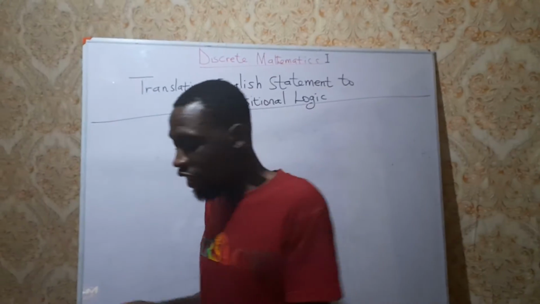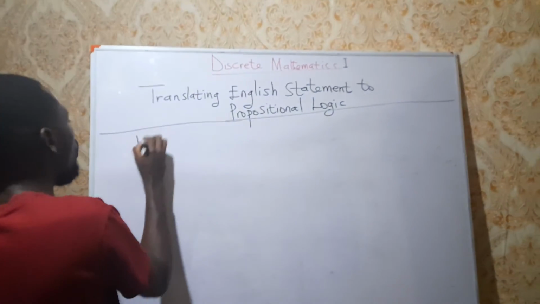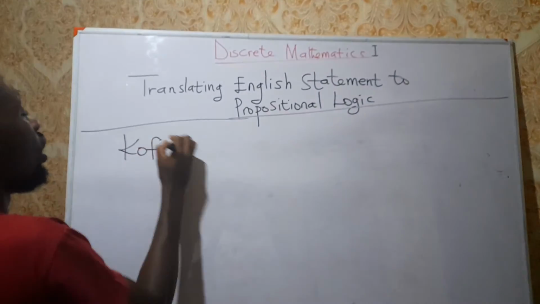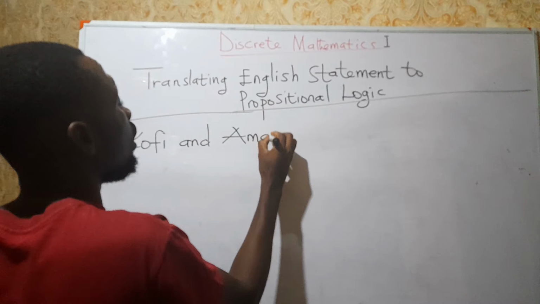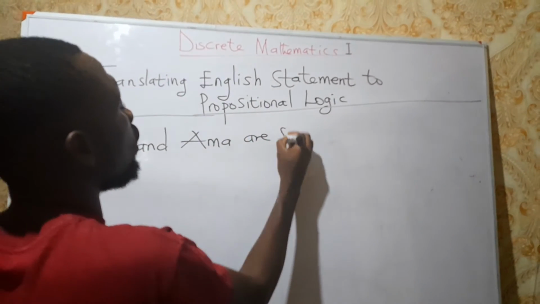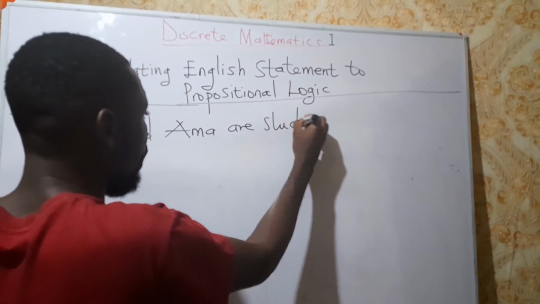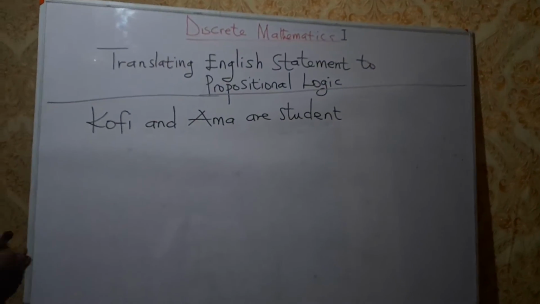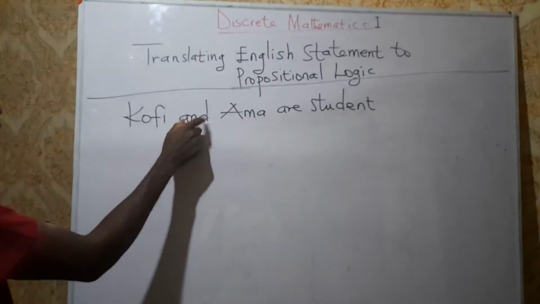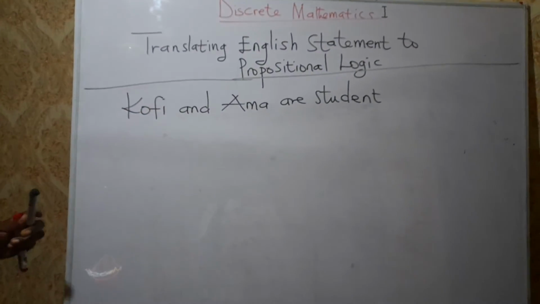So, for instance, if I have Kofi and Amma are students, we can split this statement into two propositions. As far as we have a logical operator 'and' here, then we can split it into two propositions.